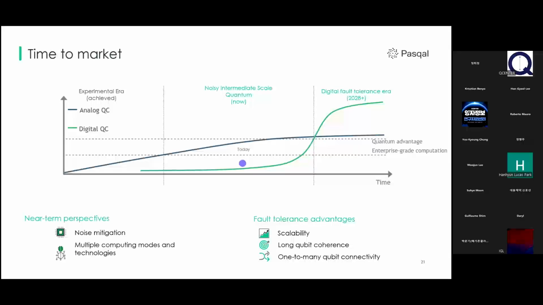What is important is the notion itself of fault tolerance. Fault-tolerant quantum computing refers to large scale and almost errorless computation with quantum devices. There is a very precise definition of what we mean by almost errorless. We won't go into the detail for now.